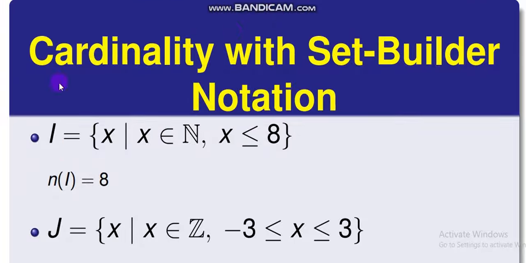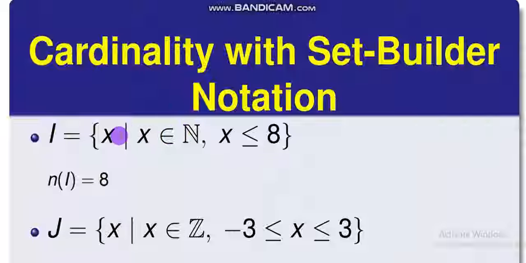Here we look at cardinality with set builder notation. If you are given set builder notation and you are asked to find cardinality, how do you do that? No element is given, only the conditions. Okay, so I is a set of x such that x is an element of the natural numbers. Remember, natural numbers are the counting numbers 1, 2, 3. 0 is not one of them, right?